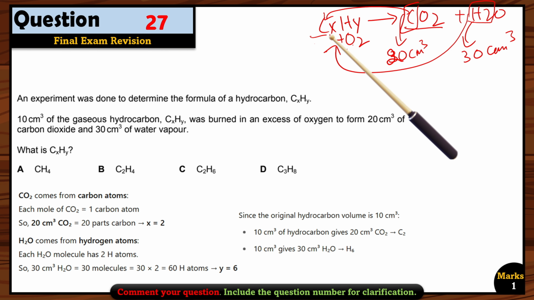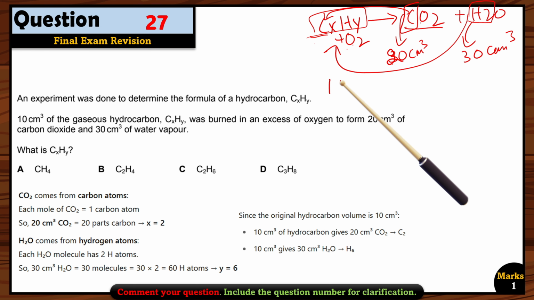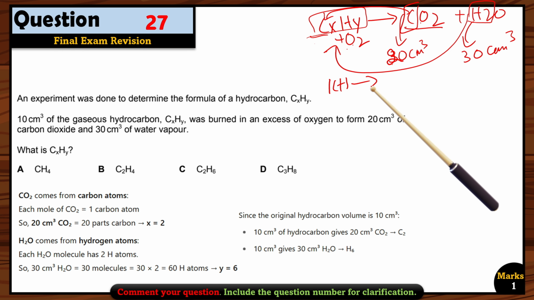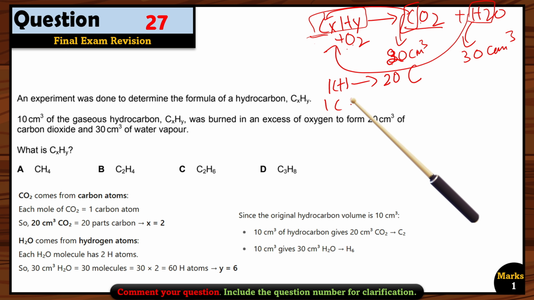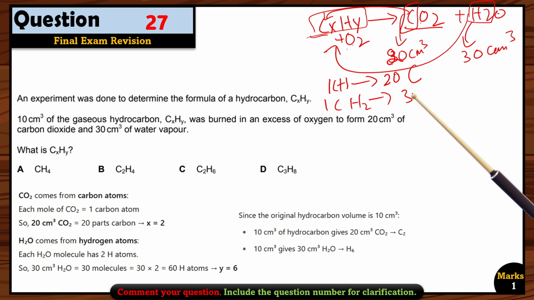So let's see one by one. 1 volume, when it is burned, produces 20 centimeter cube. So what does it mean? 1 hydrocarbon is giving you 20 particles of carbon, and it is giving you 30 particles of hydrogen.